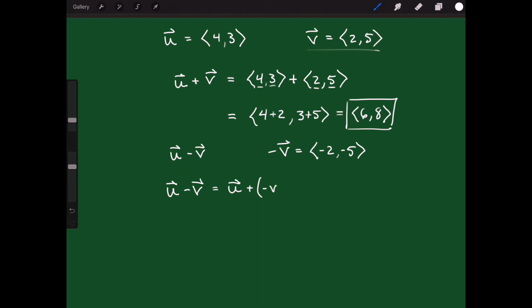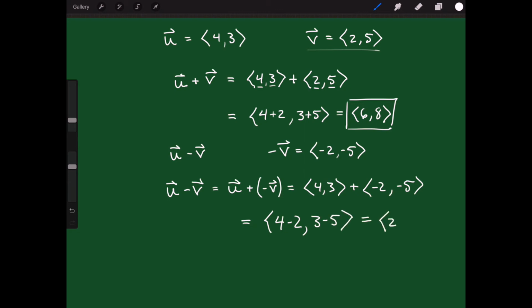But now we can look at u minus v is the same as u plus, well, whatever negative v is, which is u is 4, 3, and negative v is negative 2, negative 5. So I add each component, and I get 4 minus 2, 3 minus 5. So I end up with the vector 2, negative 2.